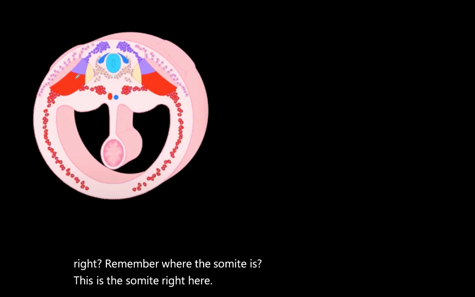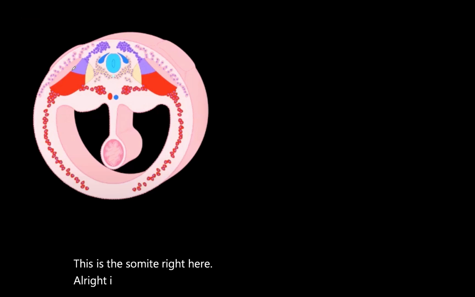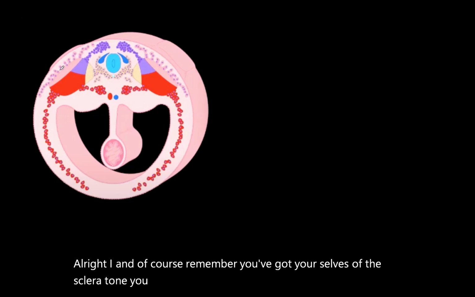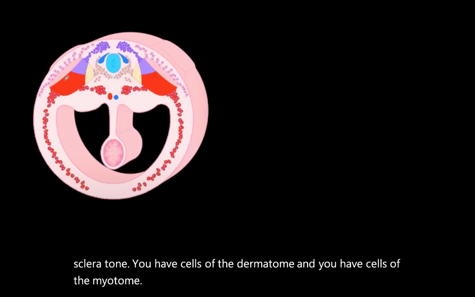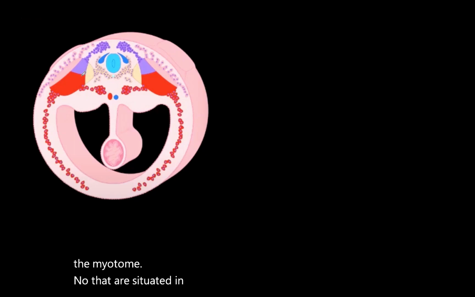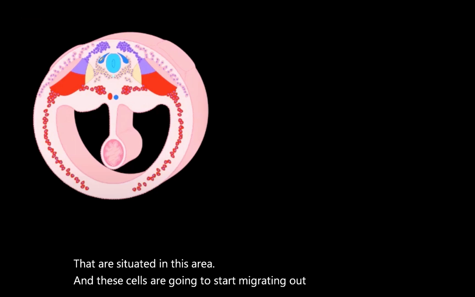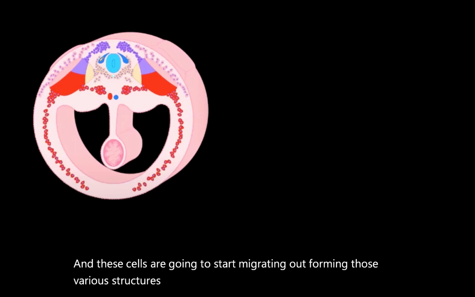And of course, remember you've got your cells of the sclerotome, cells of the dermatome, and cells of the myotome that are situated in this area. And these cells are going to start migrating out, forming those various structures that we already talked about.